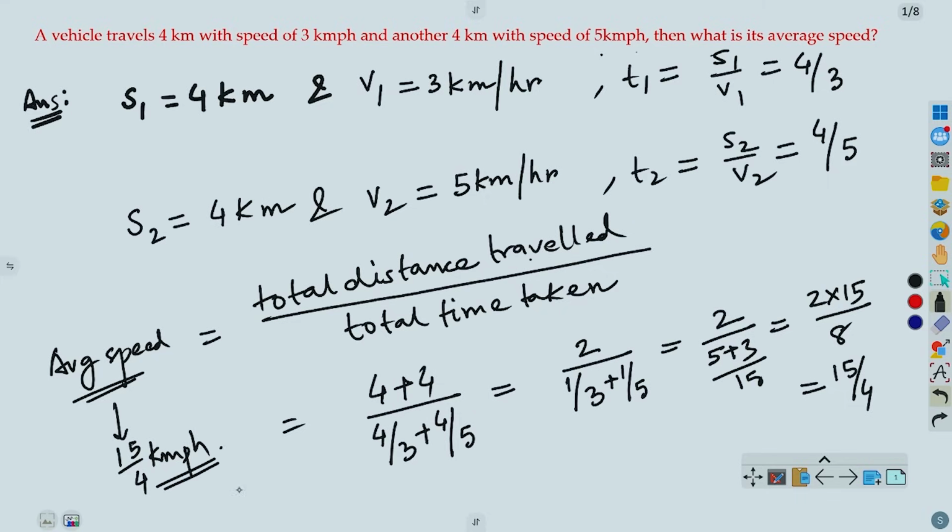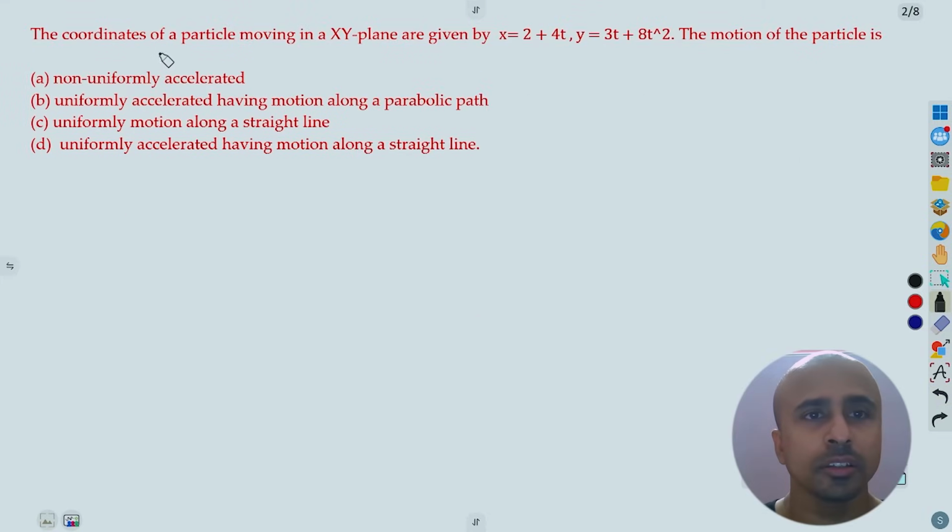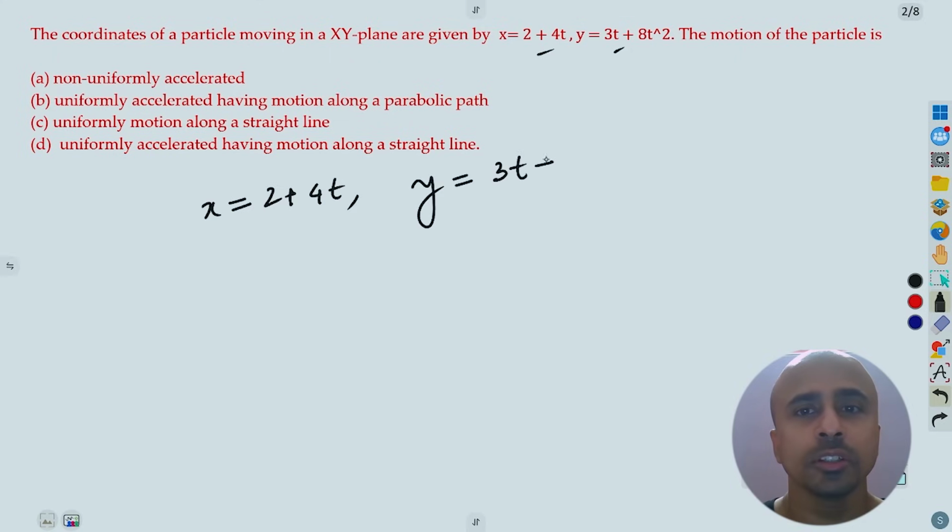Okay. In this case, the coordinates of a particle moving in an xy plane are given by these two equations. We have to determine the motion of the particle. So it's given x equal 2 plus 4t and y equal 3t plus 8t square.